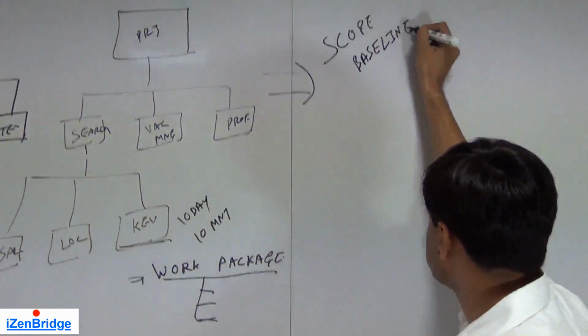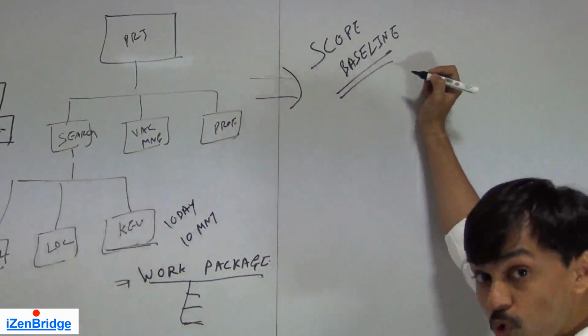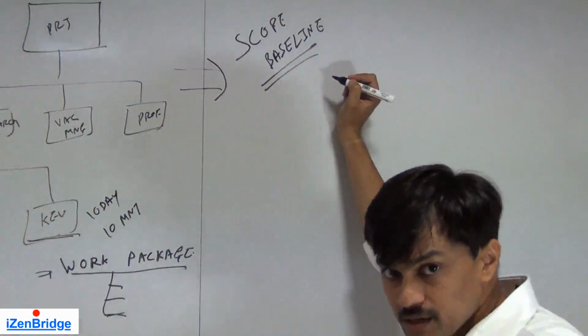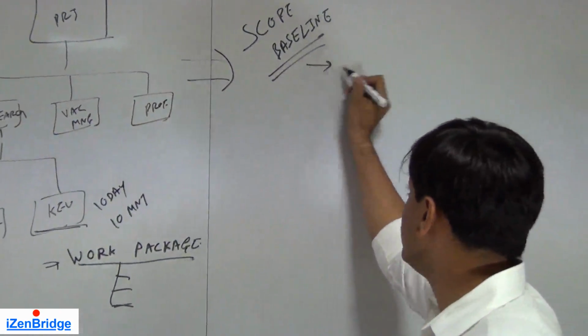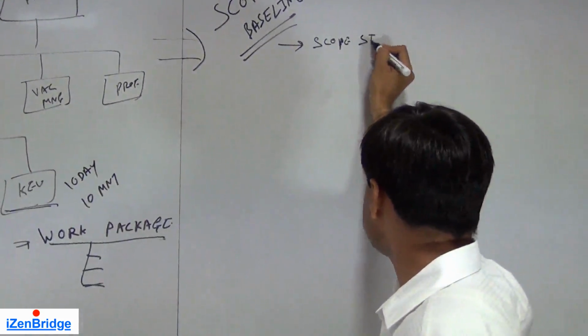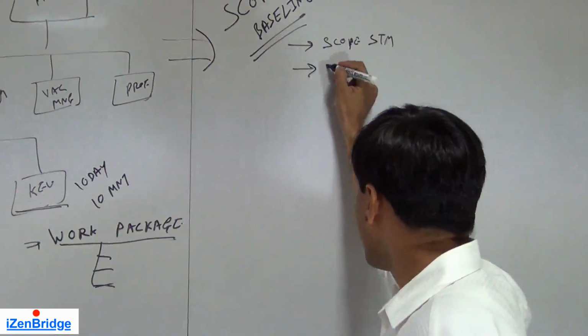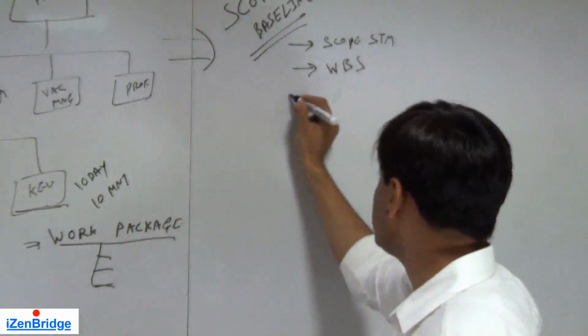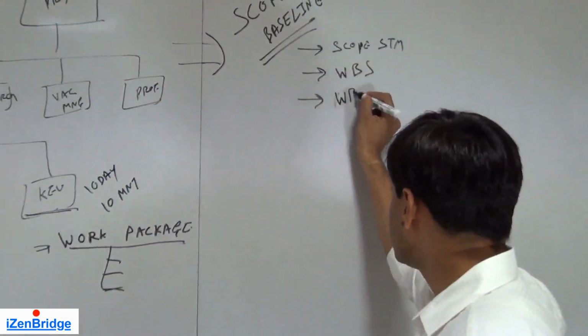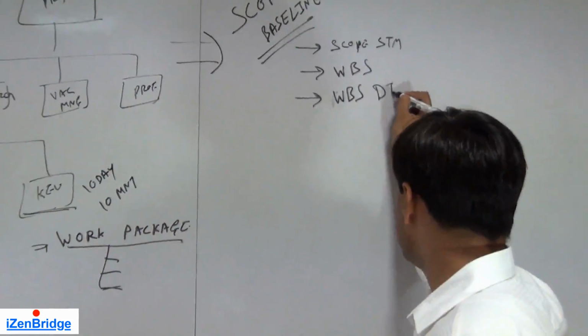Now, what is the scope baseline? It is an approved version of the scope statement. We have the scope statement inside it, we have the work breakdown structure inside it, and we have the work breakdown structure dictionary.